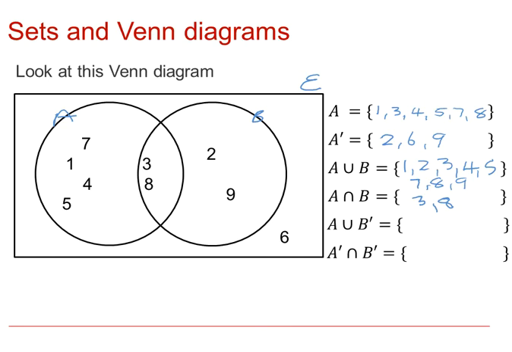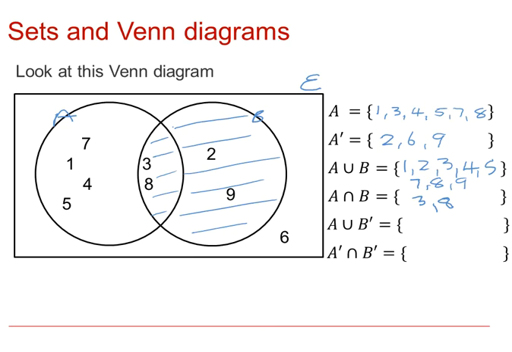Numbers in A together with numbers that are not in B. So in other words, if this area is B, then not in B would be everything outside it. The numbers not in B would be the 1, 4, 5, 6, 7.